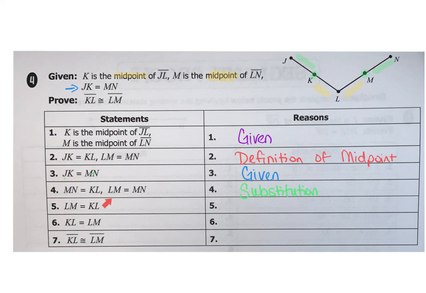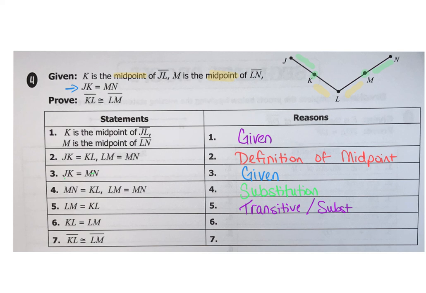A equals B and B equals C, so A equals C. What did they use here? They used transitive. I would actually accept substitution here as well because they just took LM and replaced it with KL. So I would accept either transitive or substitution.